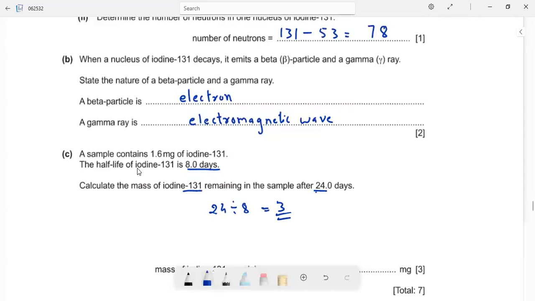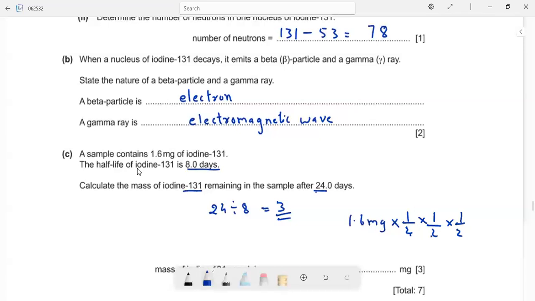So 3 half-lives. 1.6 mg is the current amount. After 3 half-lives, it is 1 by 2 into 1 by 2 into 1 by 2.